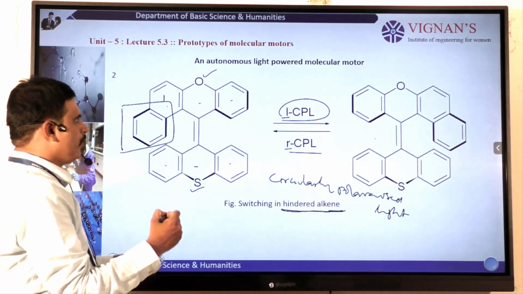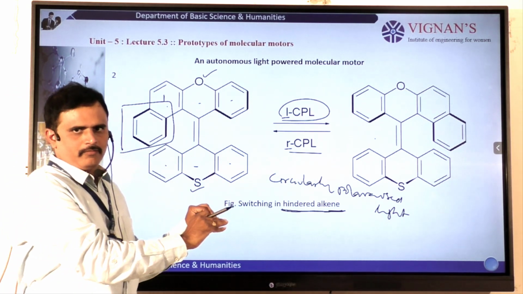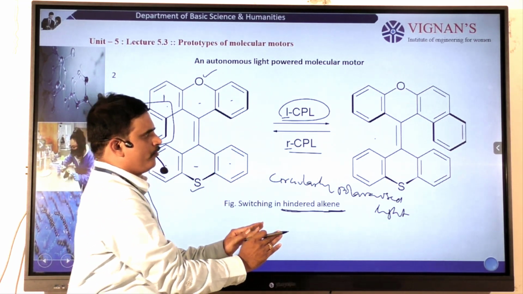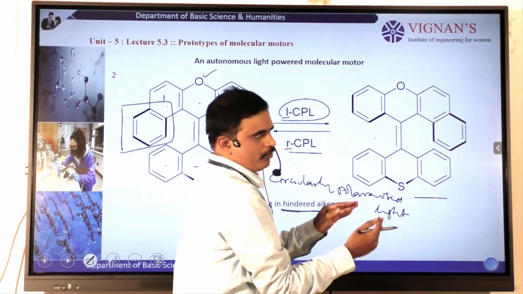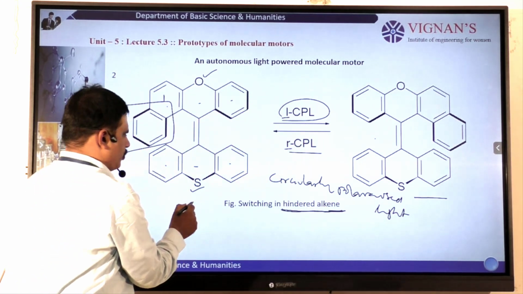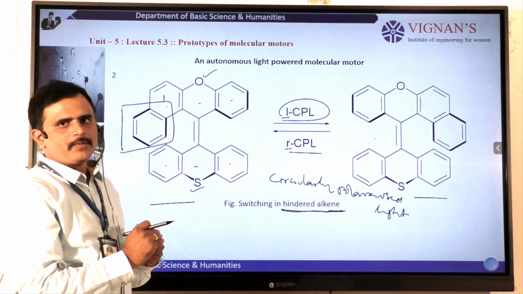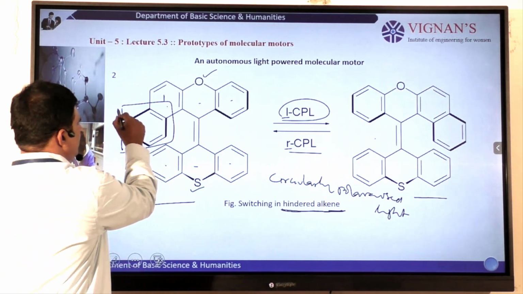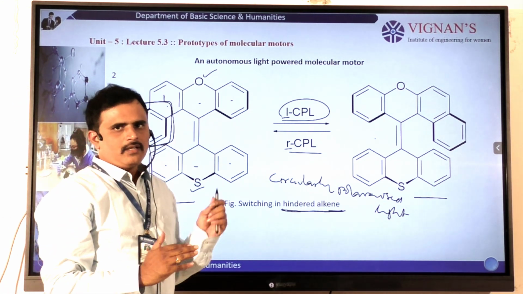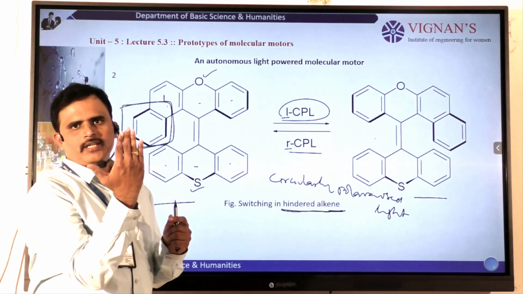So when we pass left circularly polarized light, we observe this structure, and if we pass right circularly polarized light, we observe this structure. What is the difference between these two? Only this ring. For this molecule we consider a hand like this.